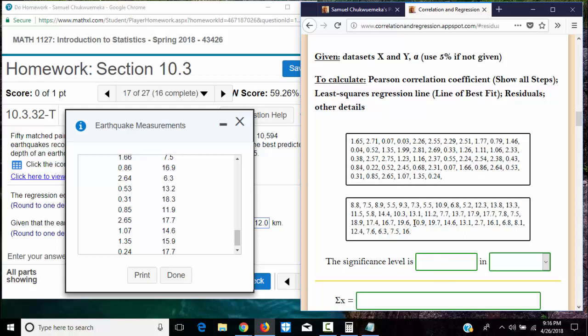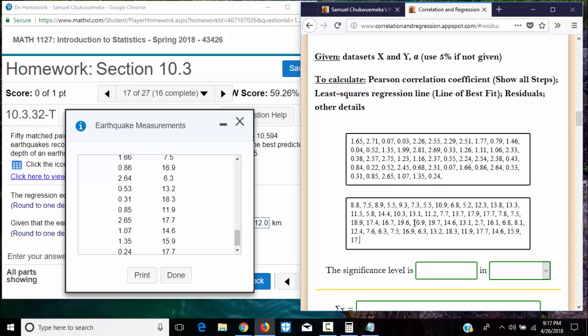Here we have 16.9, 6.3, 13.2, 18.3, 11.9, 17.7, 14.6, 15.9, 17.7. Okay, that's it. So just delete this last comma.